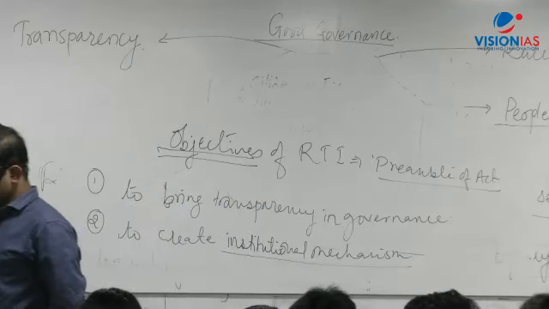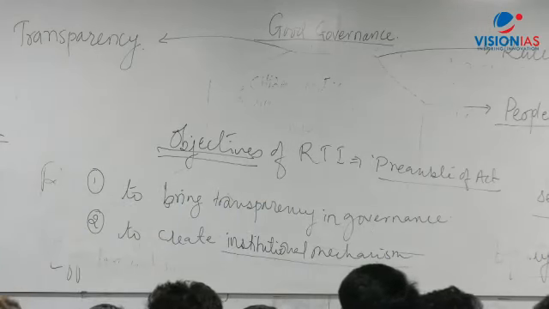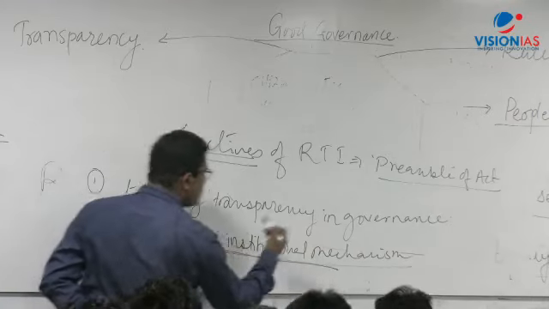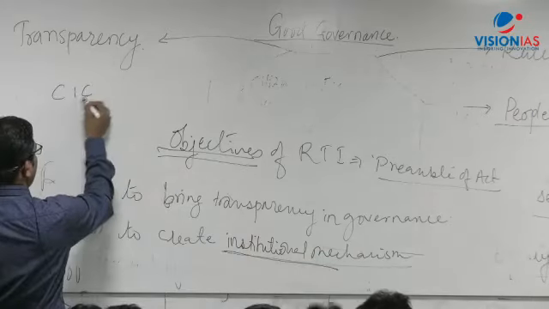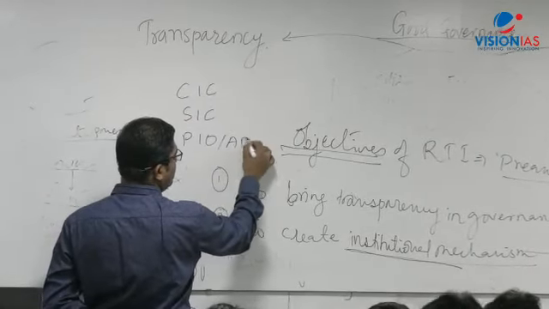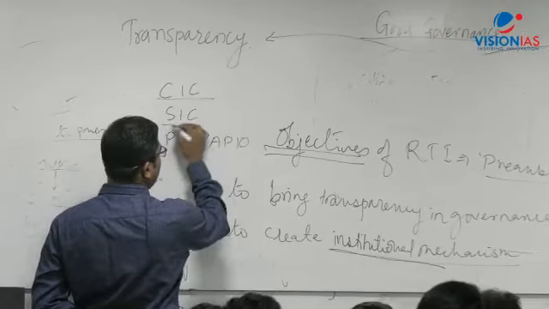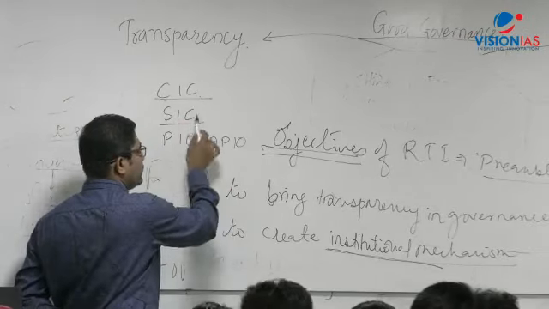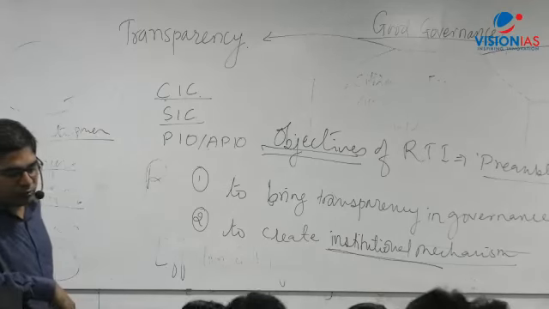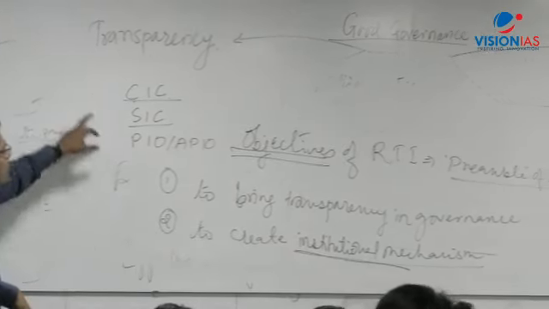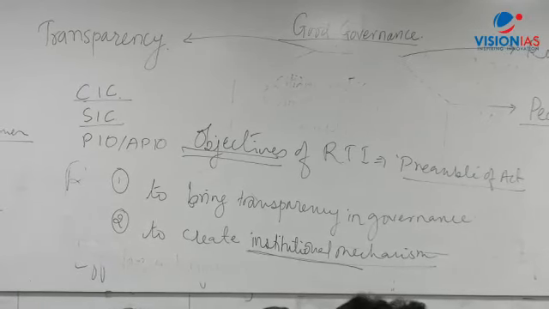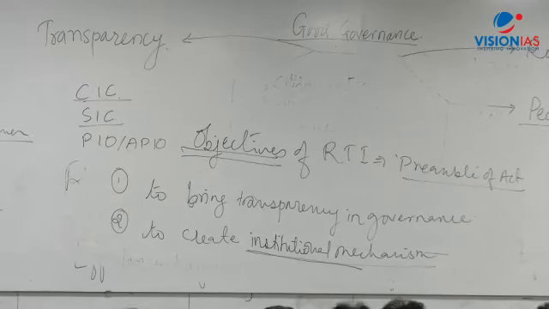Now, थोड़ा सा उसी में लिख दो because we are not going to do a separate act. तो institutional mechanism कुछ create हुआ है, that is CIC, SIC, PIO and APIO. What is CIC? Chief Information Commission. So there has been an establishment of the Central Information Commission also.